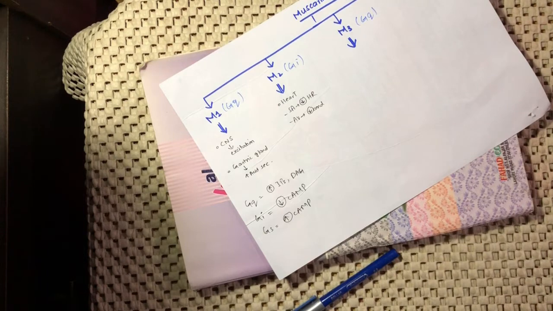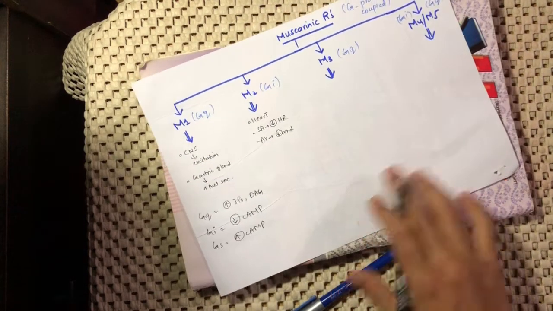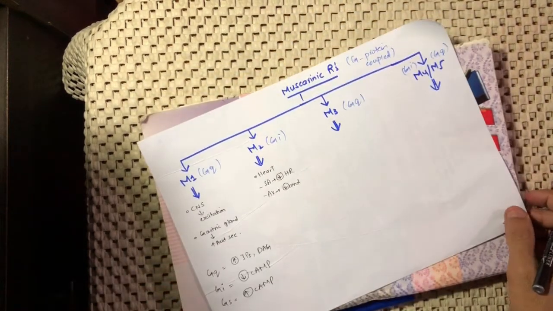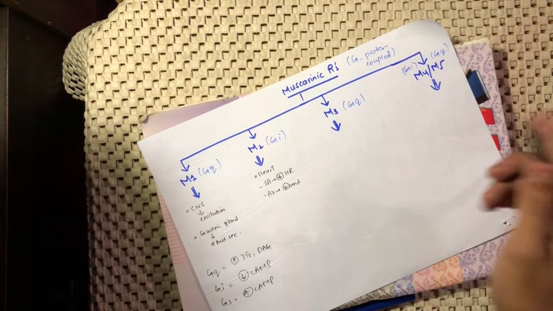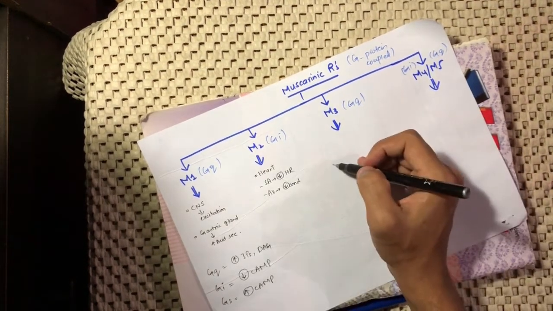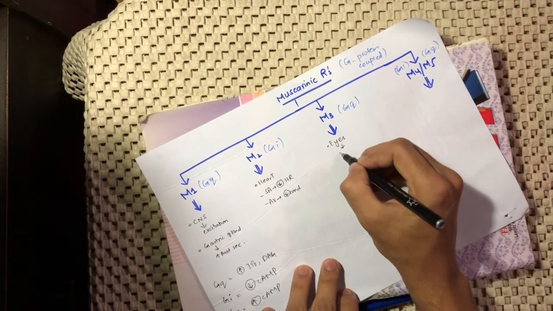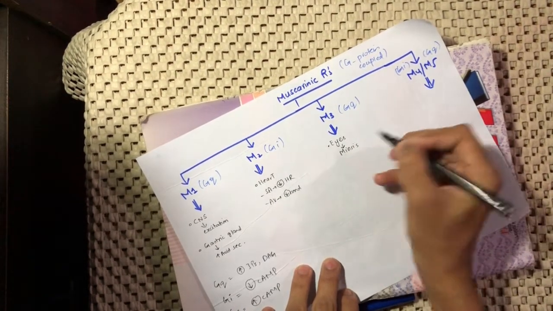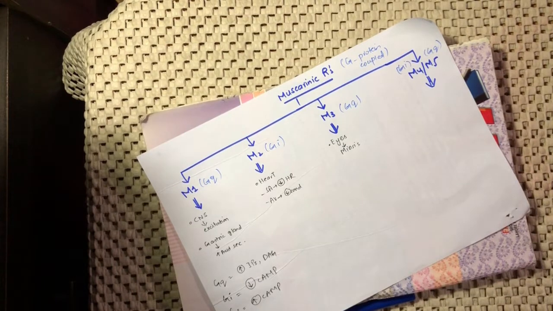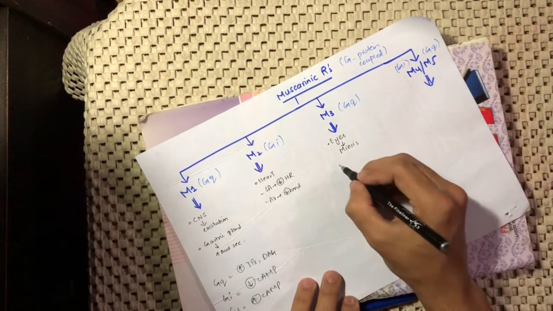Okay, in case of M3, we will learn it in a sequence of what is going to happen. First of all, the M3 receptor acts on the eyes. In eyes, it causes miosis via the contraction of the ciliary muscles and the sphincter muscles of the iris.